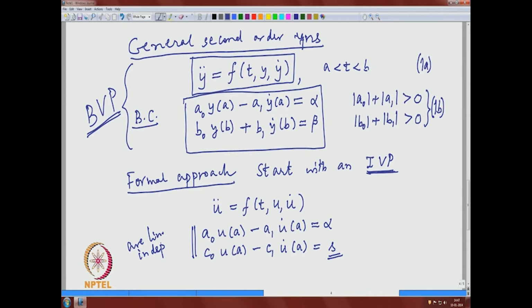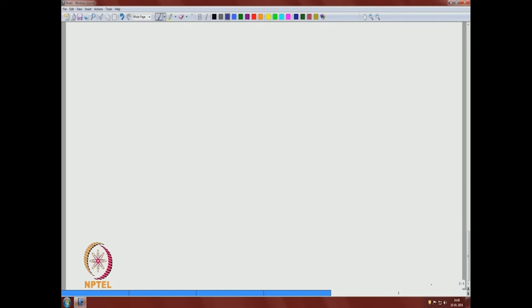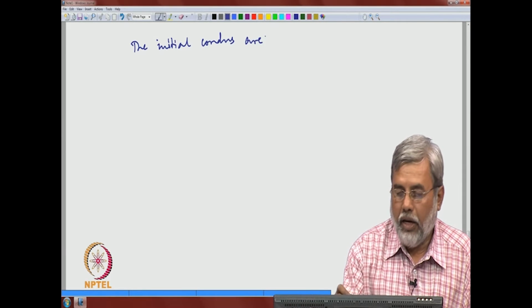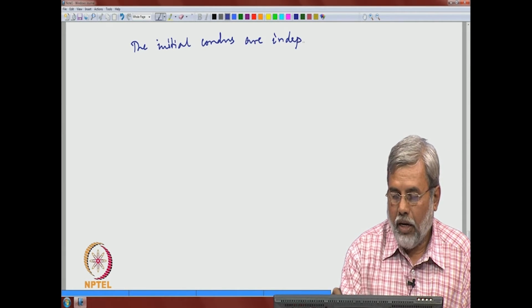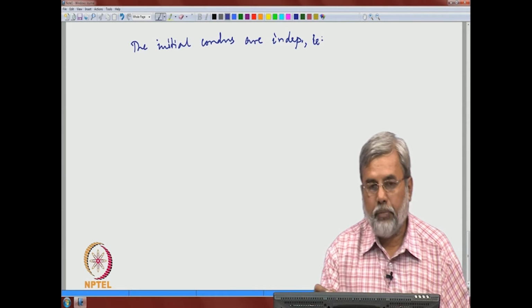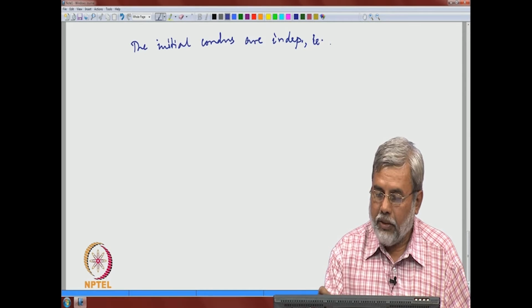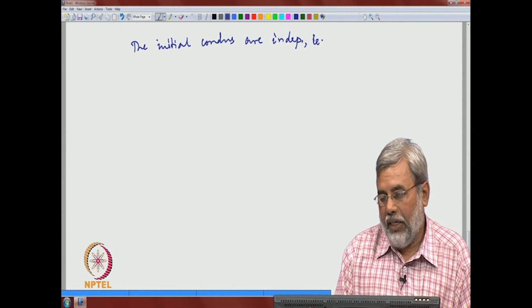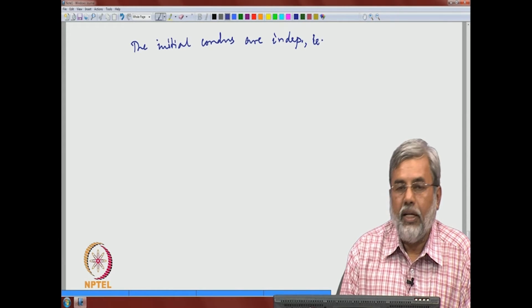You cannot obtain one condition from the other, and in terms of the coefficients, this means the initial conditions are independent, that is, this matrix with rows A0, minus A1 and C0, minus C1 is non singular.